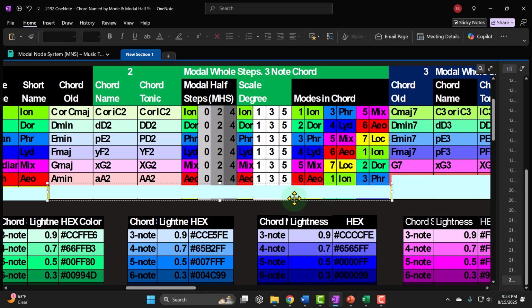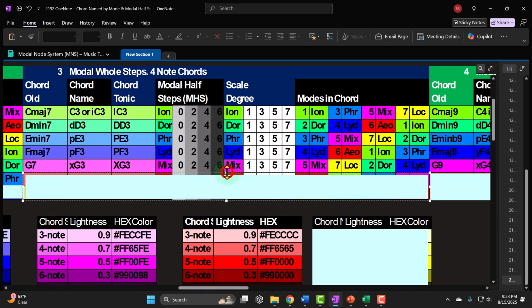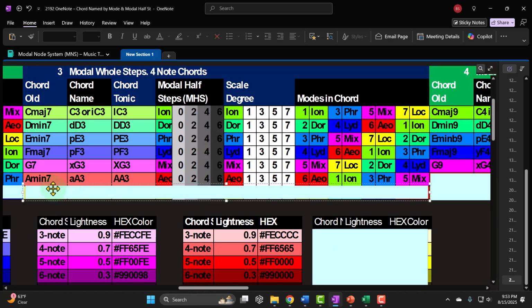If I start on the Aeolian node, plus 2 is 7, and then around the horn to 1, plus 2 would give us 3, meaning a 3-note Aeolian chord would be a 6-1-3 or Aeolian Ionian Phrygian node chord. All right, and then if I add another note, it would be an A minor 7, which would be a shade darker of the red.